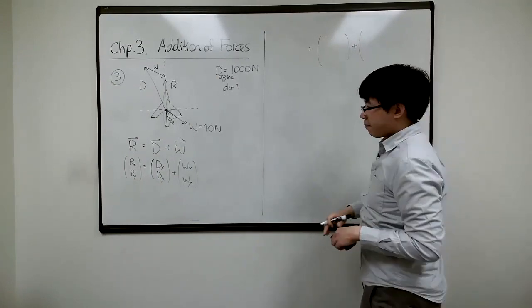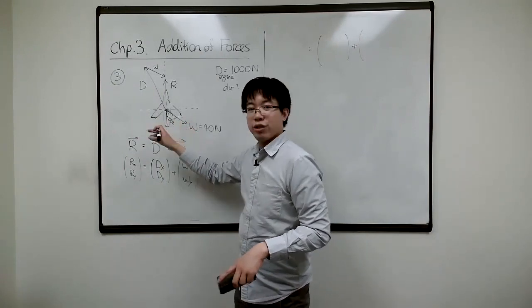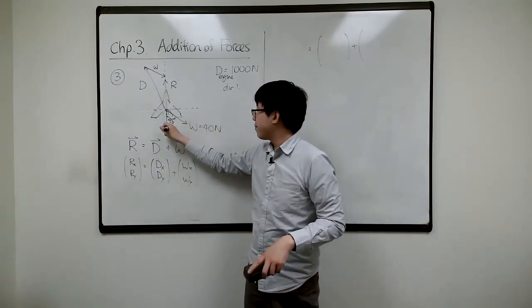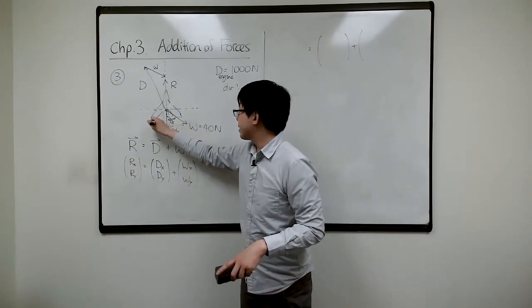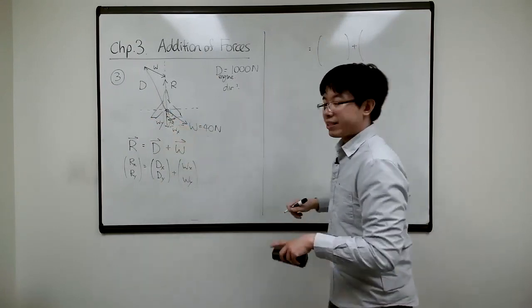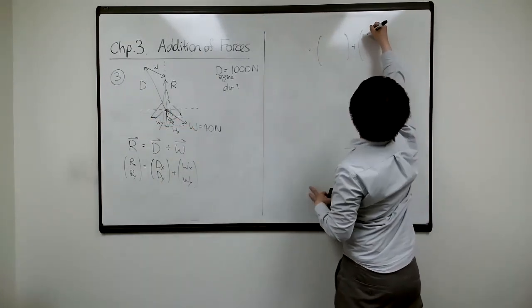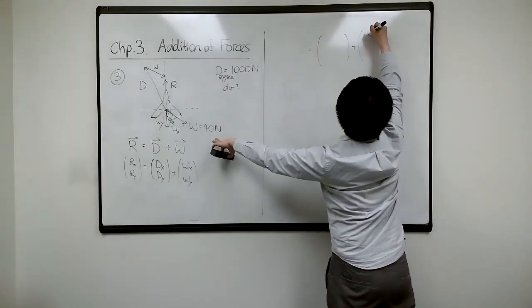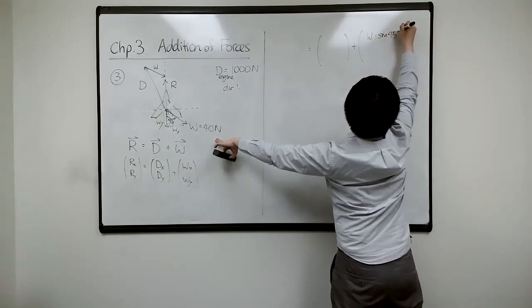Now that you've seen two examples, let's try to do this directly on here, right? So that's Wx, that's Wy. Wx is the sine of 45 degrees because it's opposite, right? So that's 40, so that's W times sine 45.